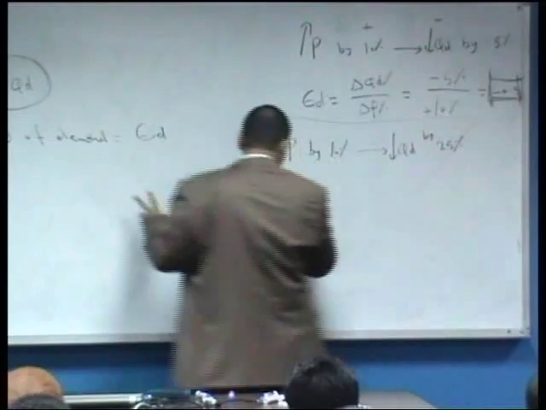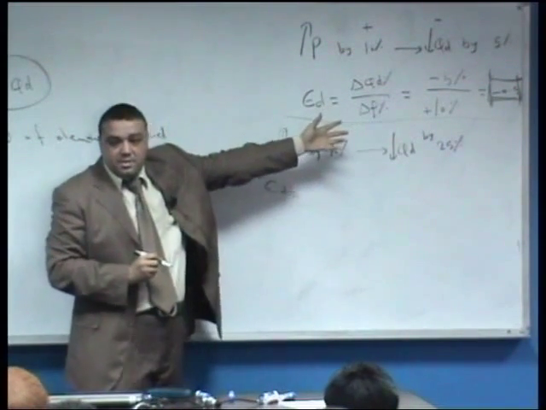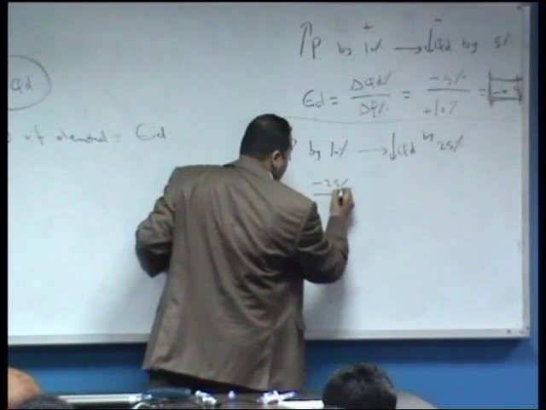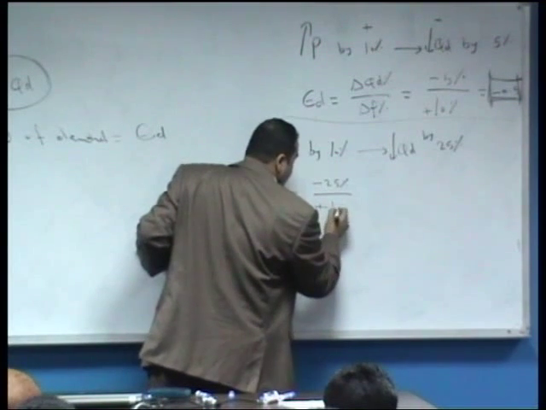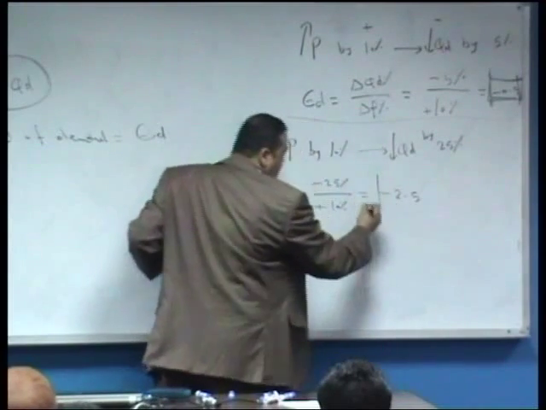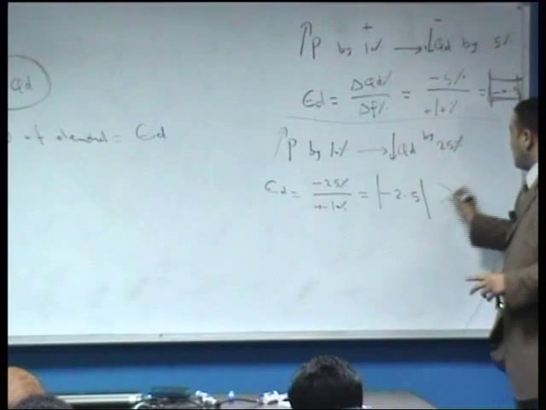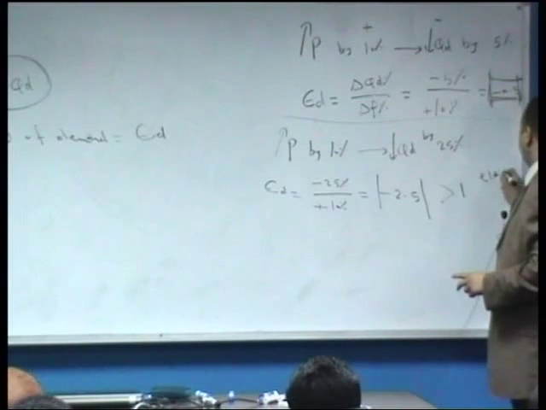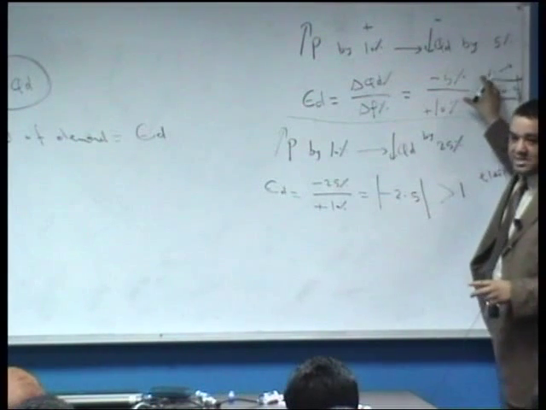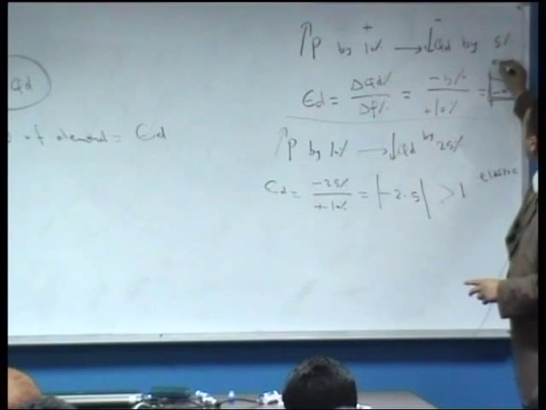ED equals delta QD percent over delta P percent, so it equals minus 25% over positive 10%, which equals minus 2.5. The absolute value of the price elasticity of demand is larger than 1, so it would be elastic. In the earlier case, the absolute value was smaller than 1, so it would be inelastic.